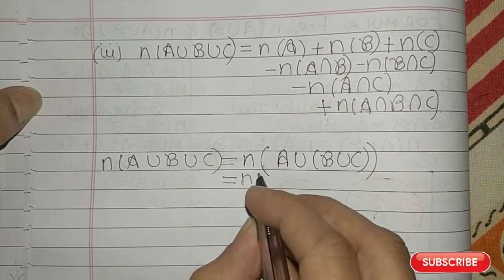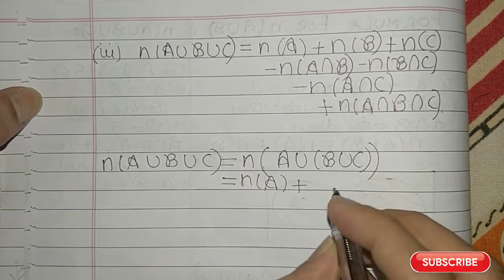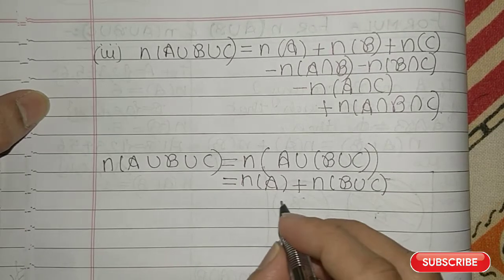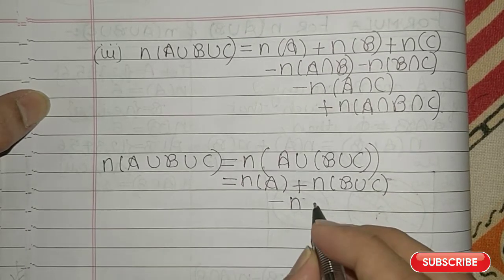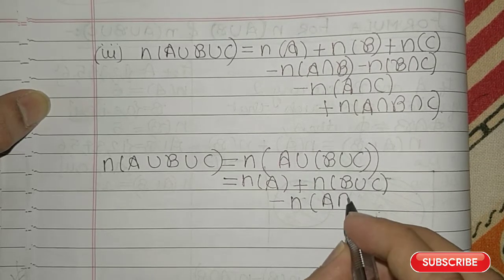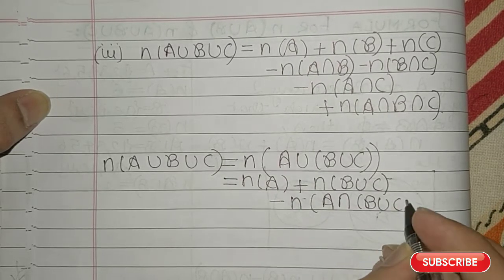So what you will get is n(A) plus n(B union C) minus n(A intersection (B union C)), right.